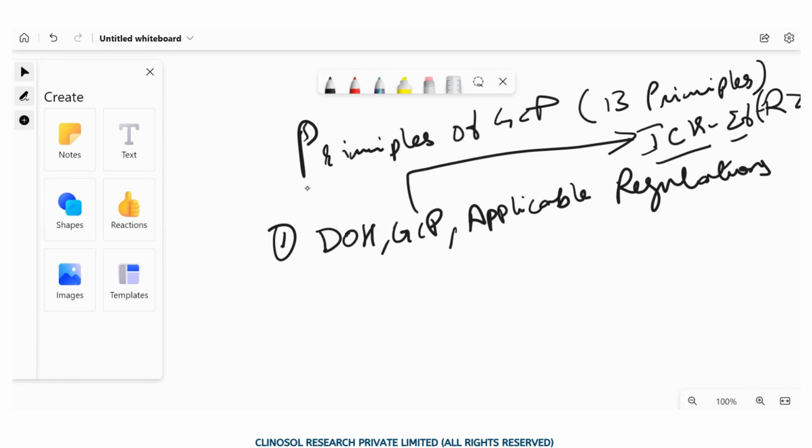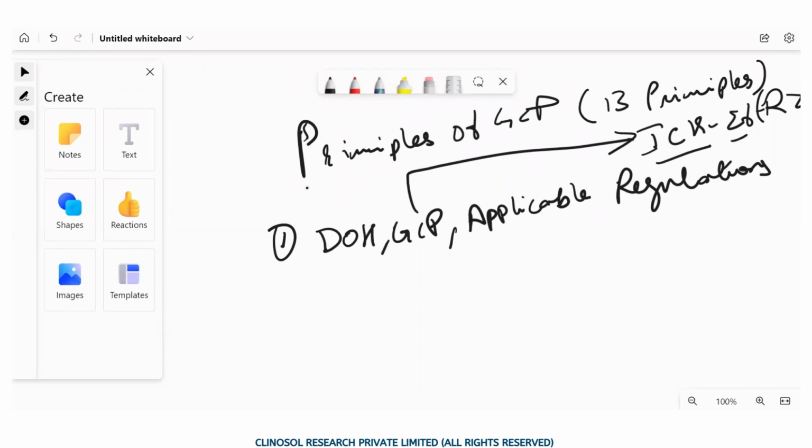Now, how do we explain principle number one? All clinical trials should be conducted in accordance with the Declaration of Helsinki, GCP, and applicable regulations. If any of this is deviated from, then principle number one is your biggest problem.